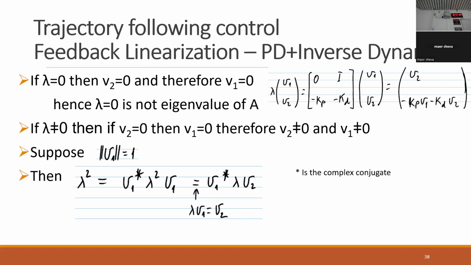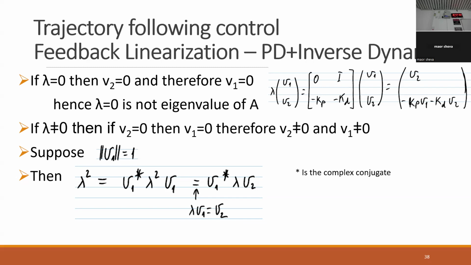So if lambda is not 0, then if V2 were 0, then lambda V1 would be 0 and also V1 would be 0.